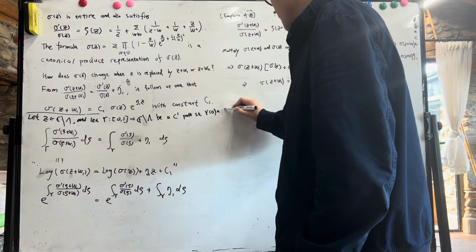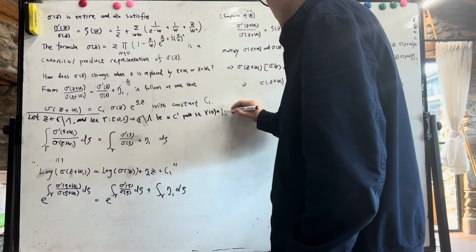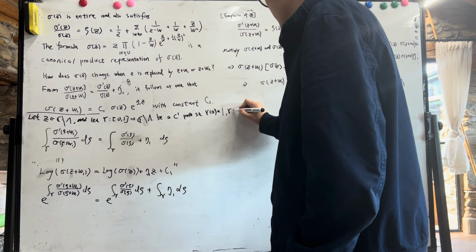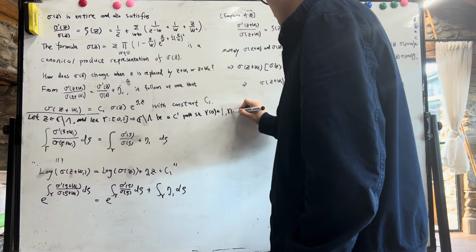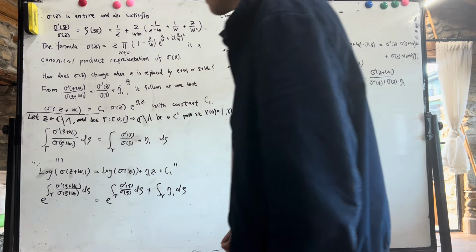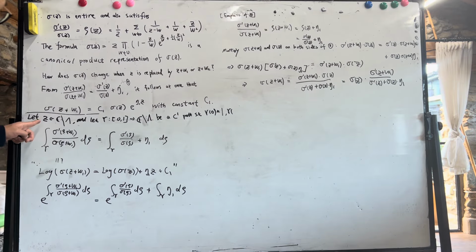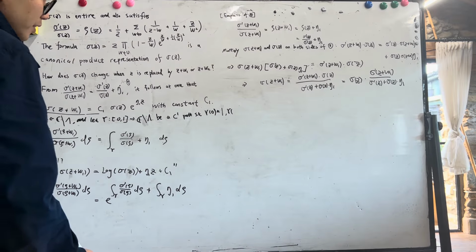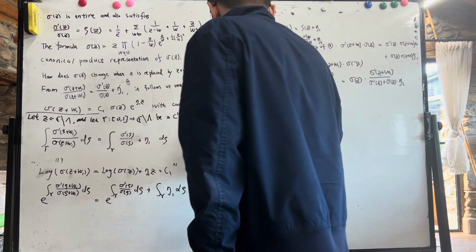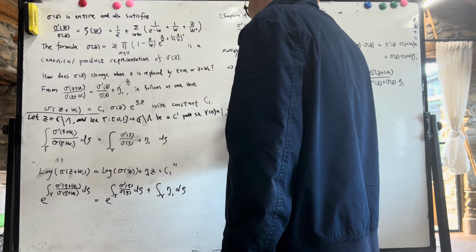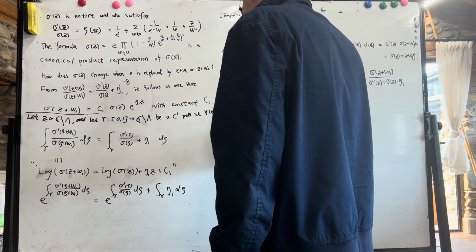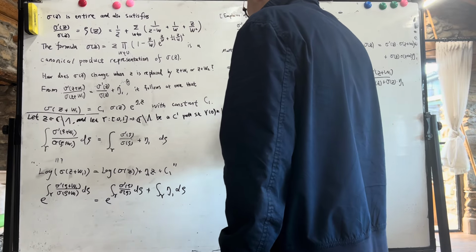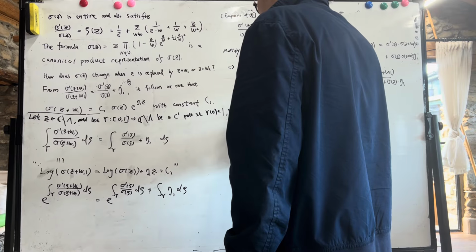So let's say that it starts at 1, and this z cannot be equal to 1, right? Because I want to say that it ends at z. So suppose that z is not equal to 1.